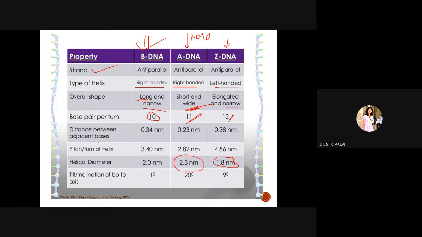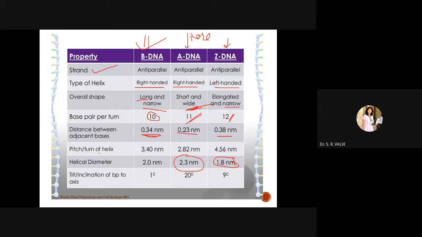Then distance between two bases. In case of B, Watson and Crick model, just recall, you can observe 0.34 nanometer of distance between two base pairs, right? In case of A, it is 0.23 nanometer. In case of Z, the distance between them is 0.38 nanometer, right? So distance is more in Z type of DNA.